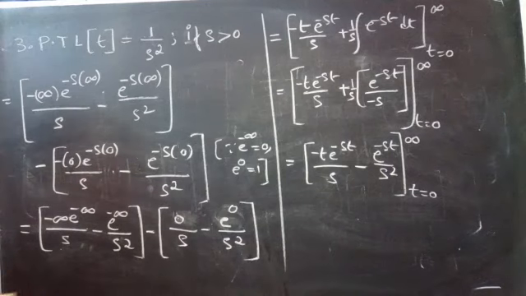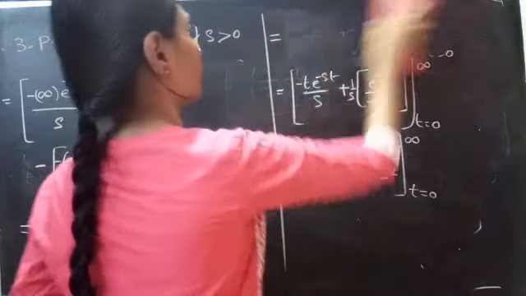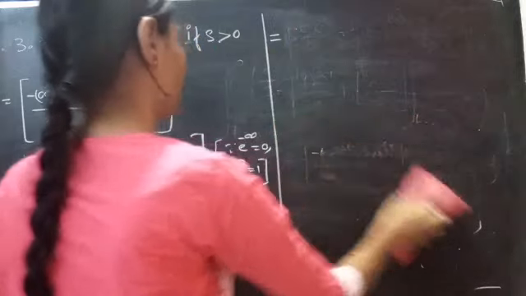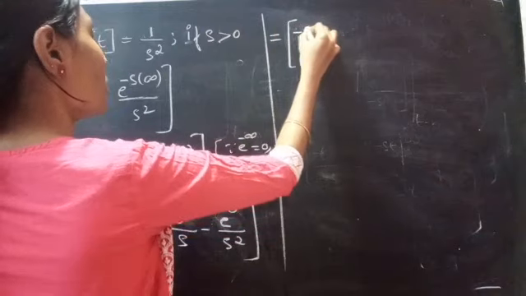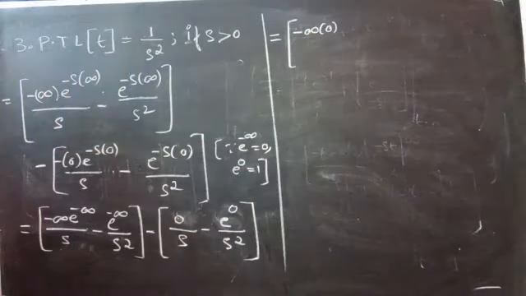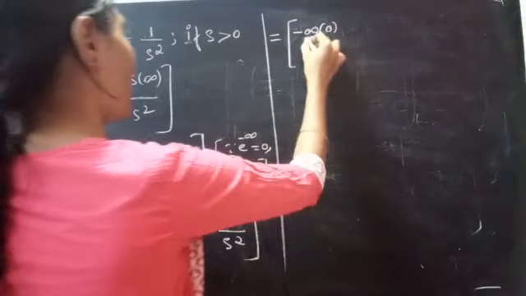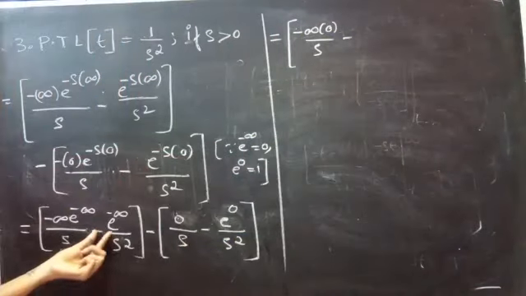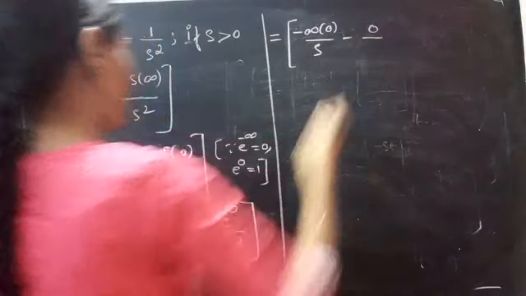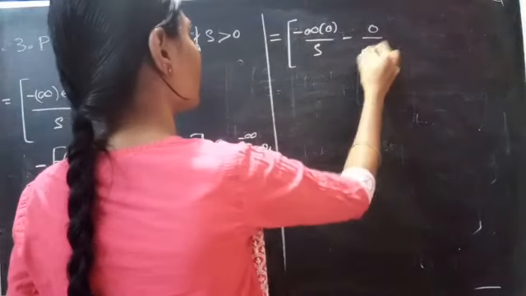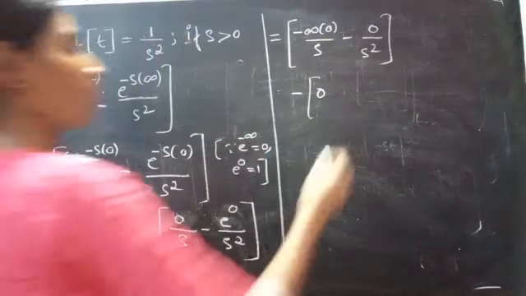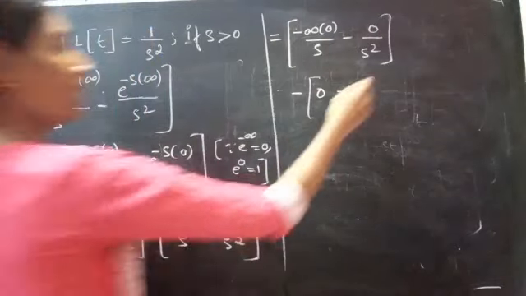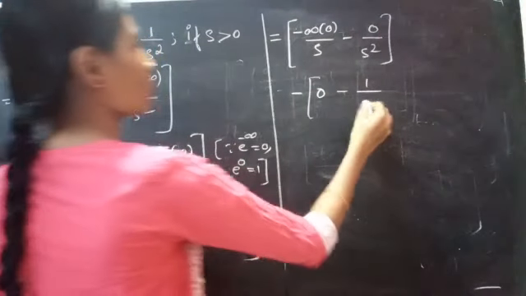So this equals minus infinity into 0 by s, minus e power minus infinity, which is 0, by s square, minus 0 by s is 0, minus e power 0 is 1 divided by s square.